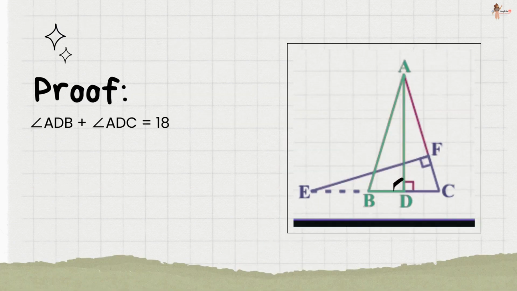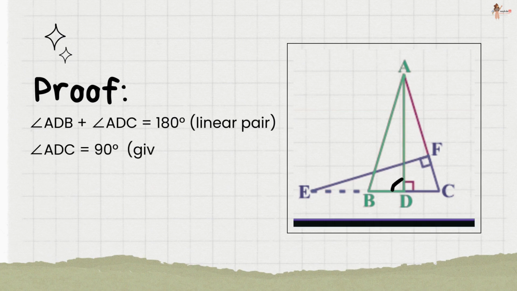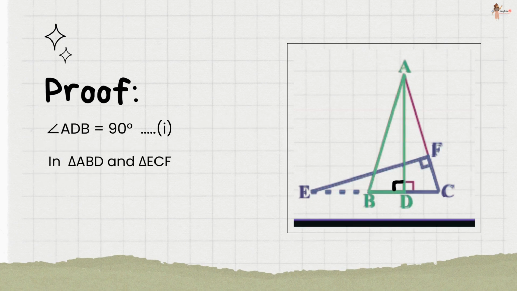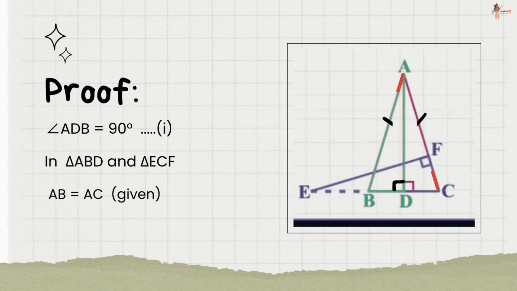Angle ADB plus angle ADC is equal to 180 degrees because these are a linear pair. Angle ADB is equal to 90 degrees, we are given that. Therefore, angle ADC is equal to 90 degrees. Now in triangles ADB and ECF, we are given that ABC is an isosceles triangle where AB is equal to AC.